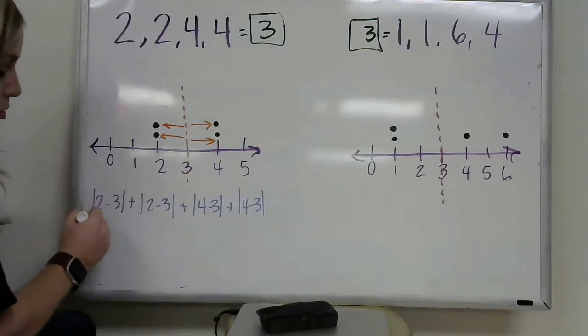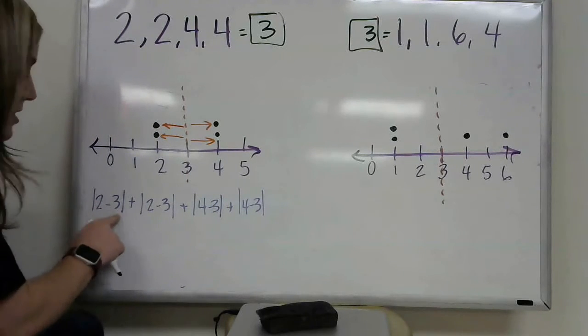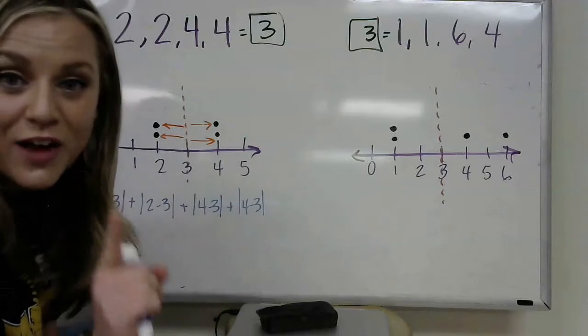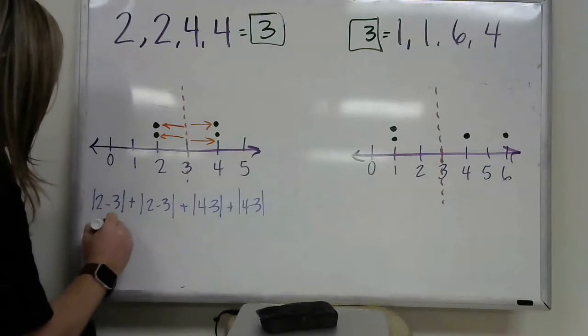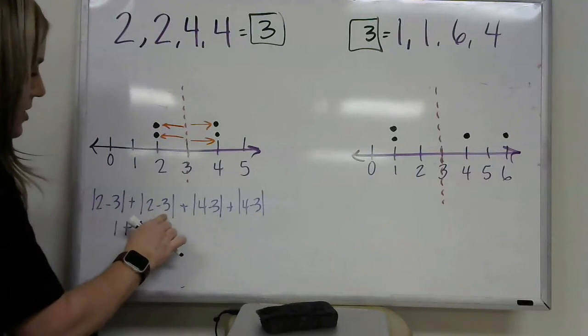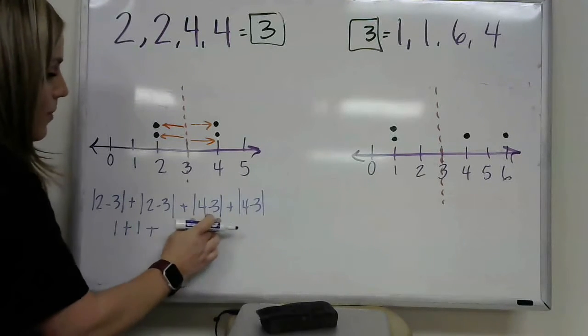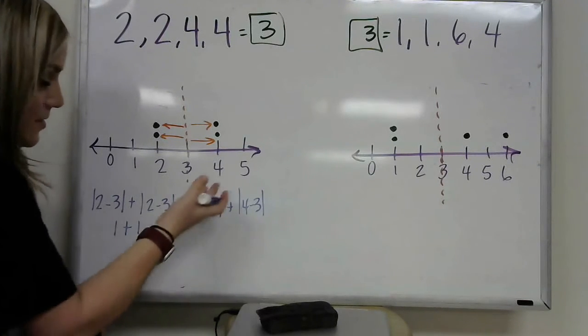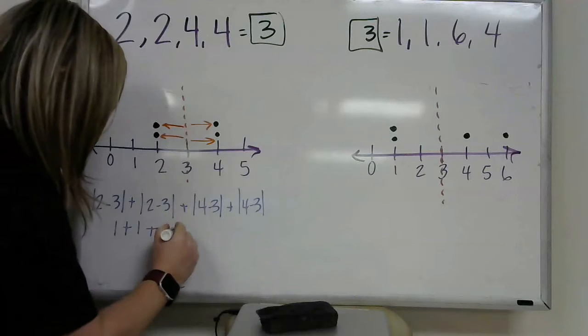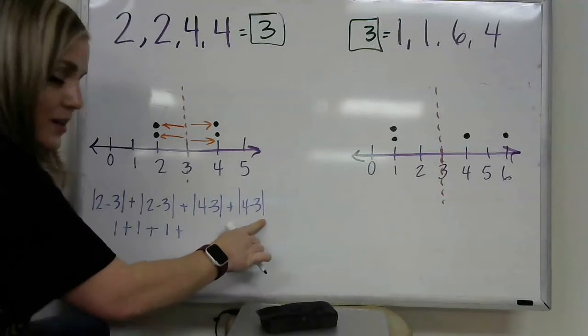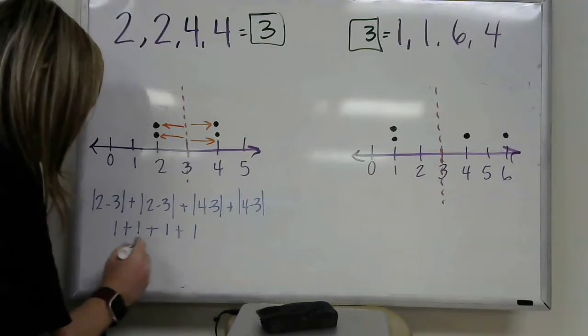So the absolute value of 2 minus 3 is -1, but the absolute value is 1. Then 4 minus 3 is +1, absolute value 1. And then 4 minus 3 is +1, absolute value is 1.